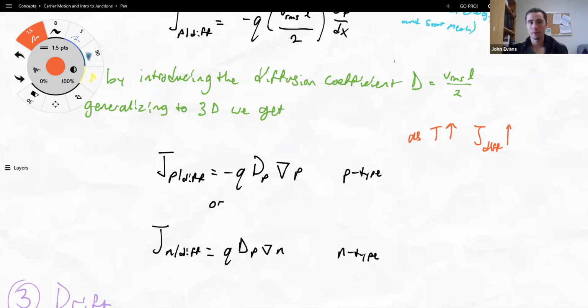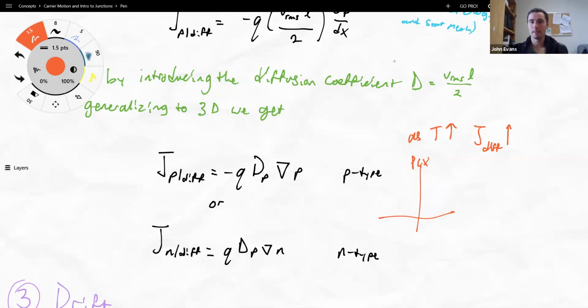Similarly, if we increase the concentration gradient, so if instead of this nice graph of p(x) here, we had a pretty severe concentration gradient like this, that's also going to increase your diffusion current.